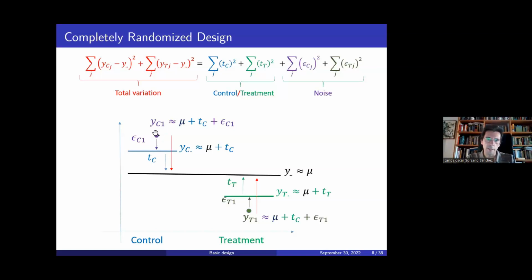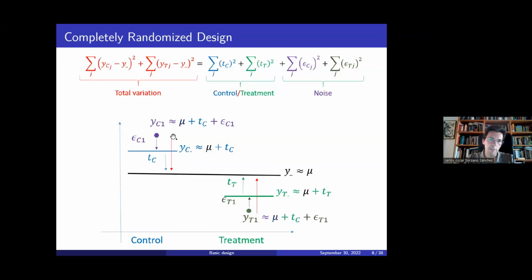So the value obtained experimentally will be an overall mean plus something that depends on the group you are in, plus something that depends on that person. And then if I want to compute the distance from this observation to my control group, what I have is the variation of that person. And if I want to compute the distance between this person and the overall mean, I have both contributions.